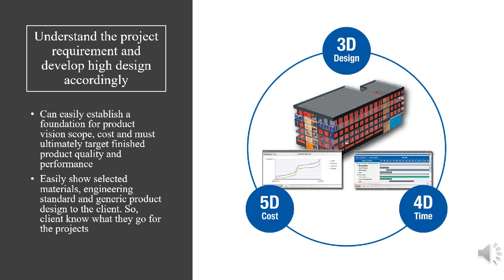They also can easily show selected materials, engineering standards, and generic products based on the design itself, which can be shown to the client so that the client knows what they are going for in their own projects.